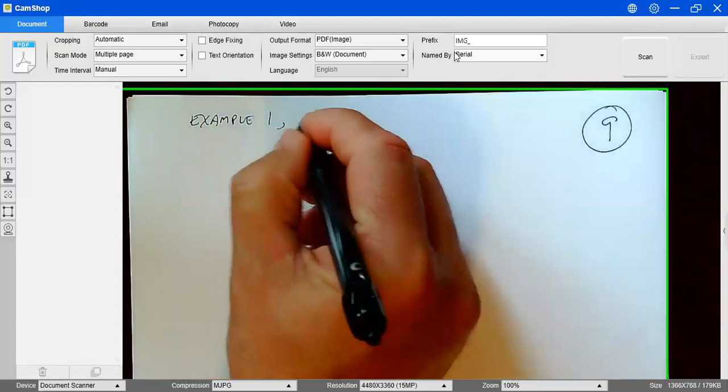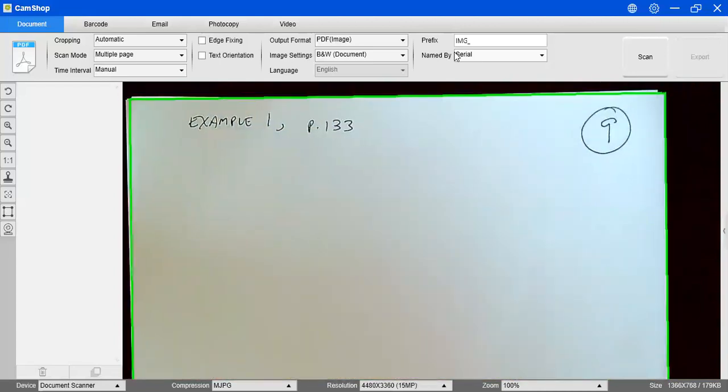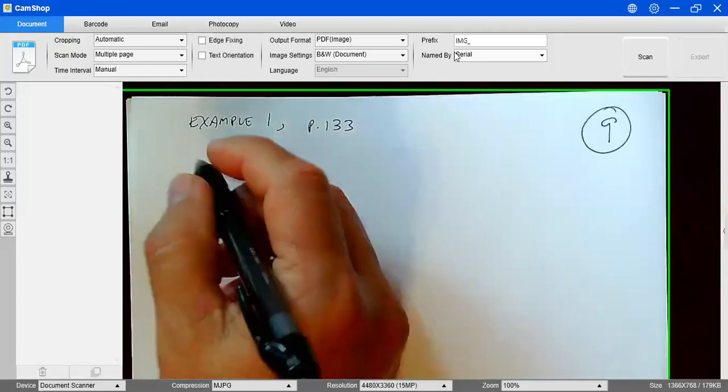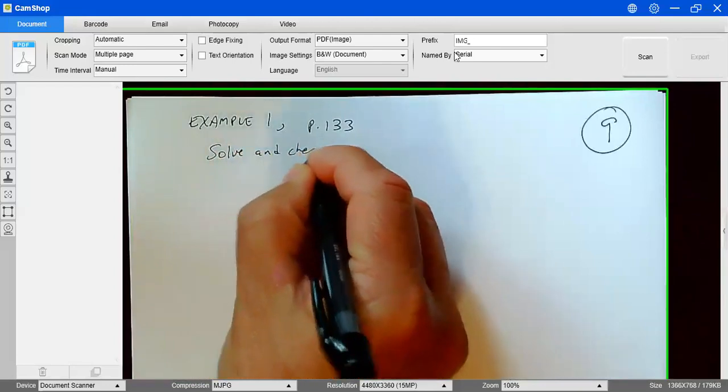Example 1, page 133. This is one more opportunity for you to understand this crucial procedure in algebra. You need to know how to solve linear equations to pass this class. In your first exam, this is a crucial component. So we're going to solve and check.